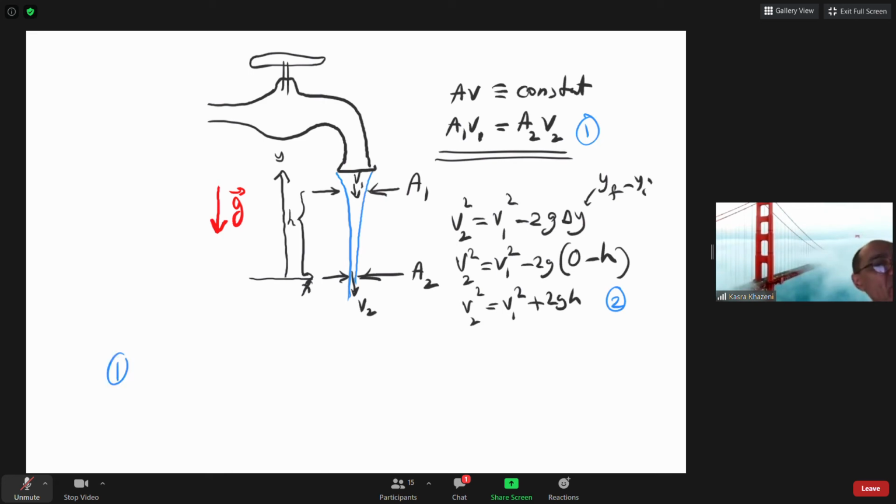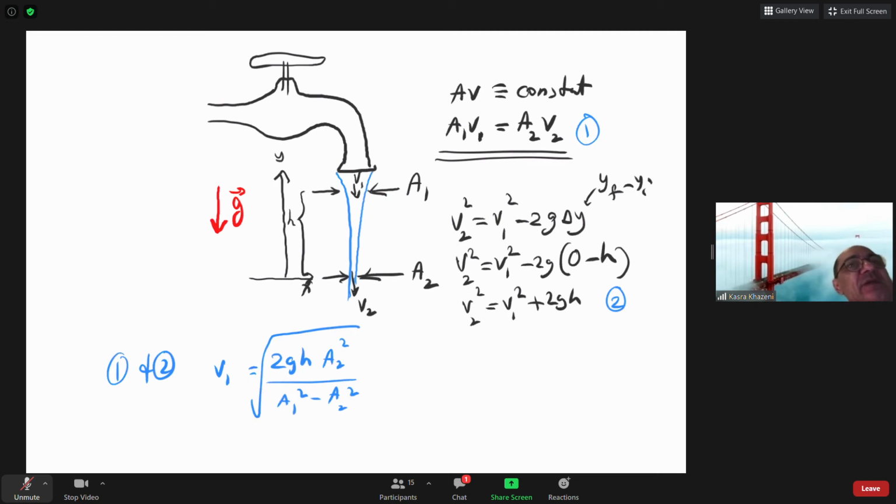So we can combine 1 and 2, and what we get is v1 squared is equal to 2gh A2 squared over A1 squared minus A2 squared. Okay? And then you can just take the square root of this thing and get rid of the square on the side. So that is your v1.